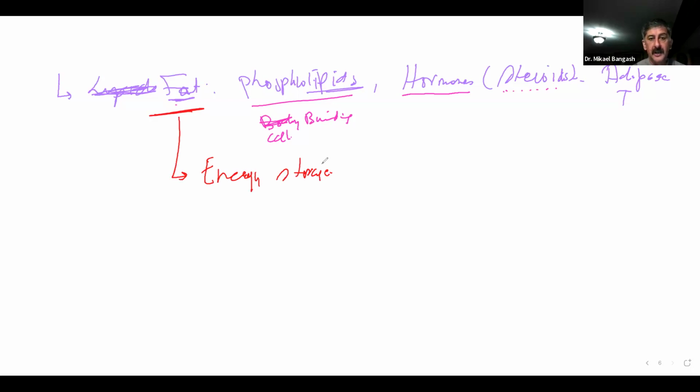Now, it may sound strange, but out of all the sugars that you consume, you may not utilize all of it right now. So the sugar that you don't use right now may be stored by your body, primarily as what we call glycogen, which is the name for stored glucose.